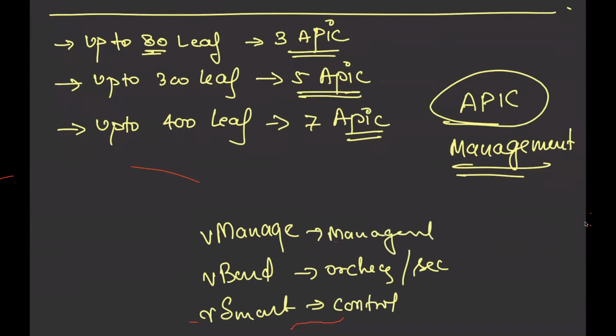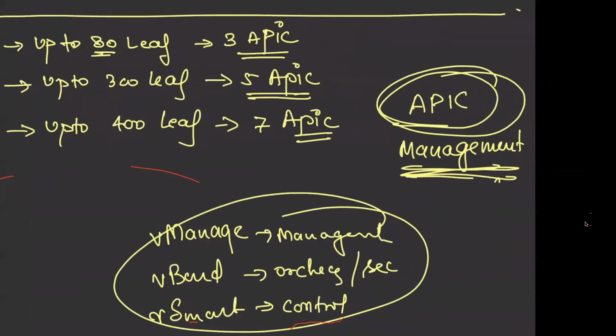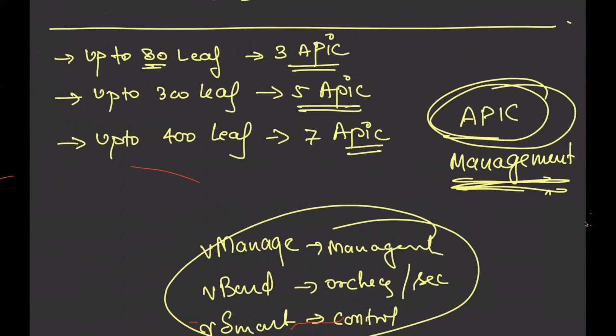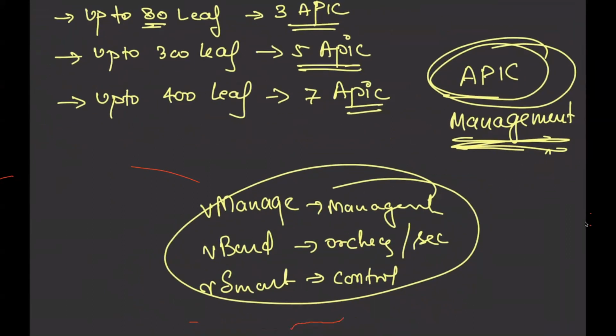But here the thing is not like that. APIC is only for your management plane. Your control plane is going to be handled via spine and leaves separately. So data plane and control plane are directly handled via leaves and spines. Your management plane is going to be supported via APIC.